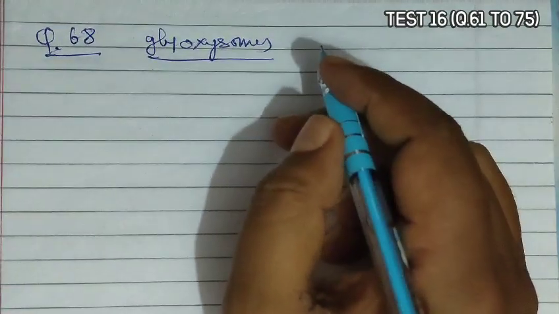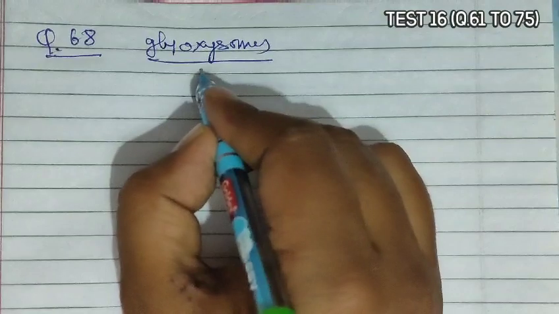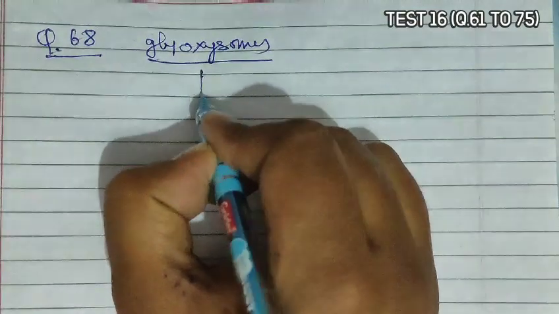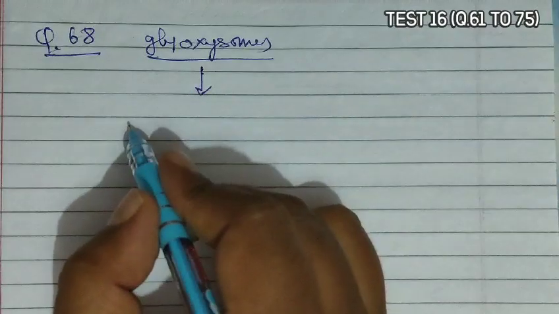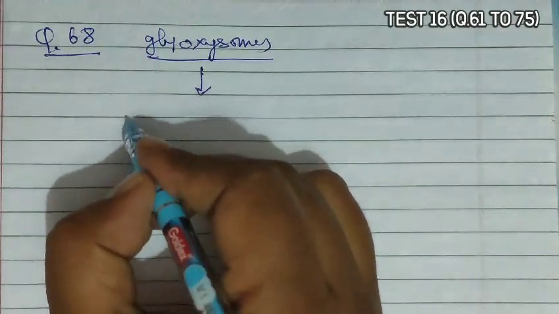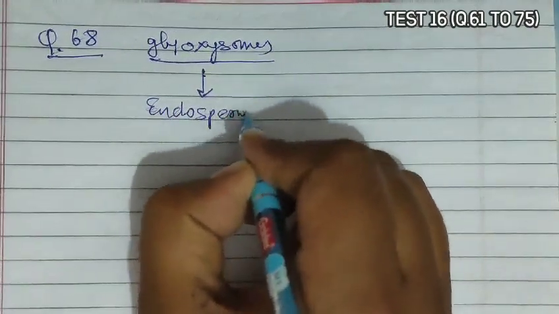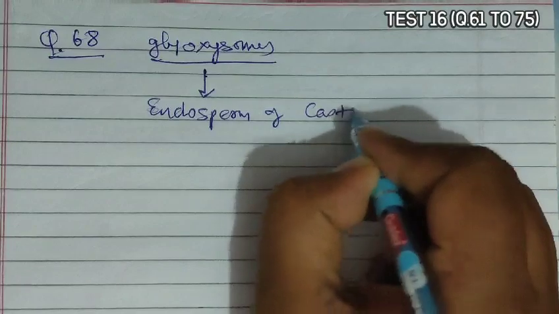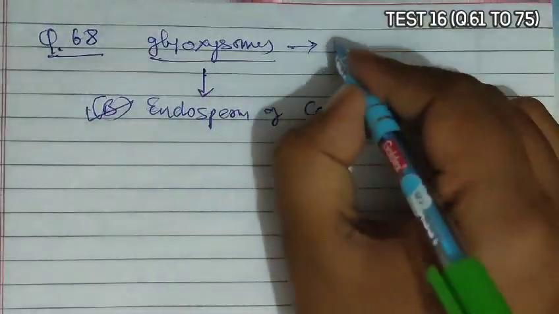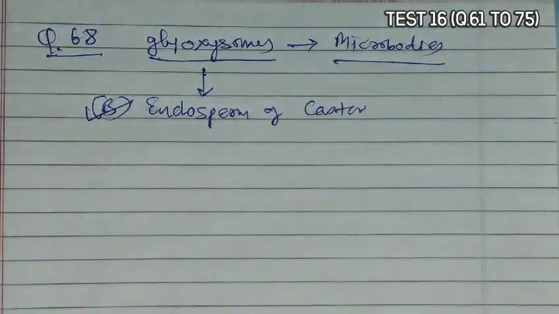Now glyoxysomes are the lipid-rich structures which are found in plants, and animals cannot execute these things where gluconeogenesis or glyoxylate cycle occurs, and these are found in endosperm of castor. So B is the correct answer, and it is a type of microbodies that you should remember.